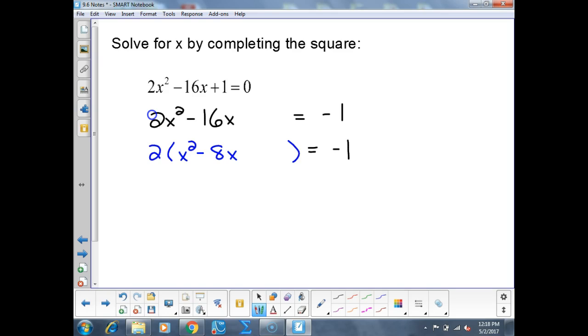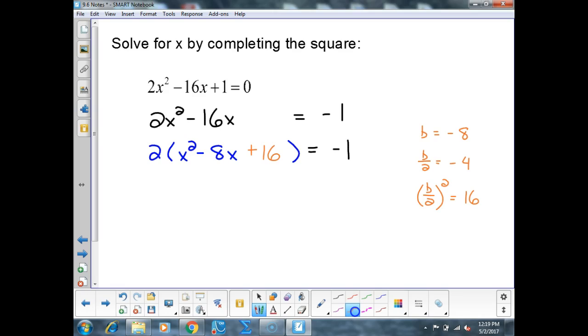Yes? What's my B? -8. What's my B over 2? -4. What's my B over 2 squared? So this gap right here gets filled with positive 16, correct?